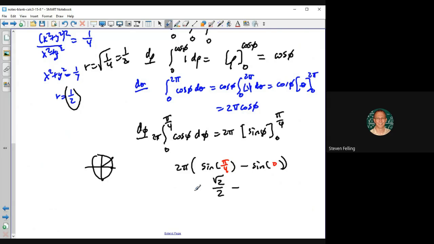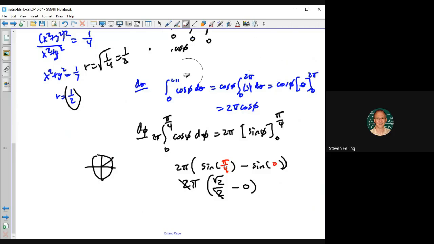Wait a second, 2 pi out here. So these 2's will cancel, and we're going to get, let's see. I got something. Oh, I messed up here. Does anybody see my mistake? I made a really bad error here. So we're going to have to redo that integral.